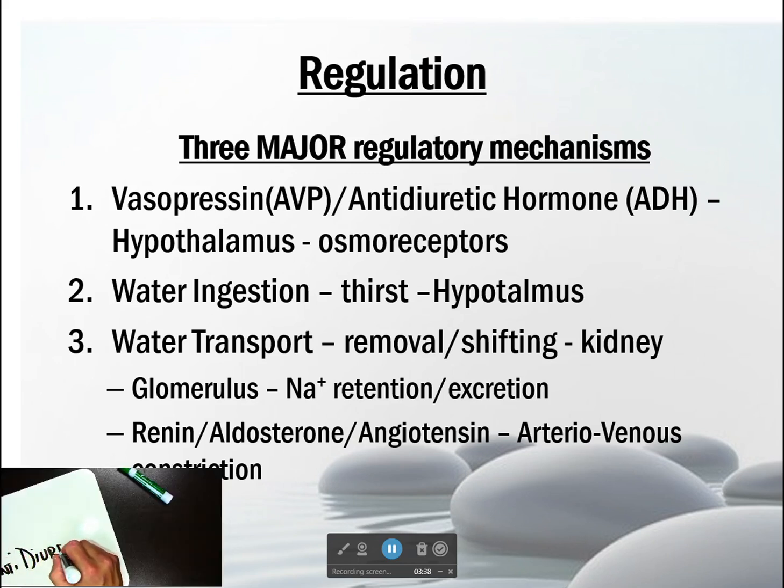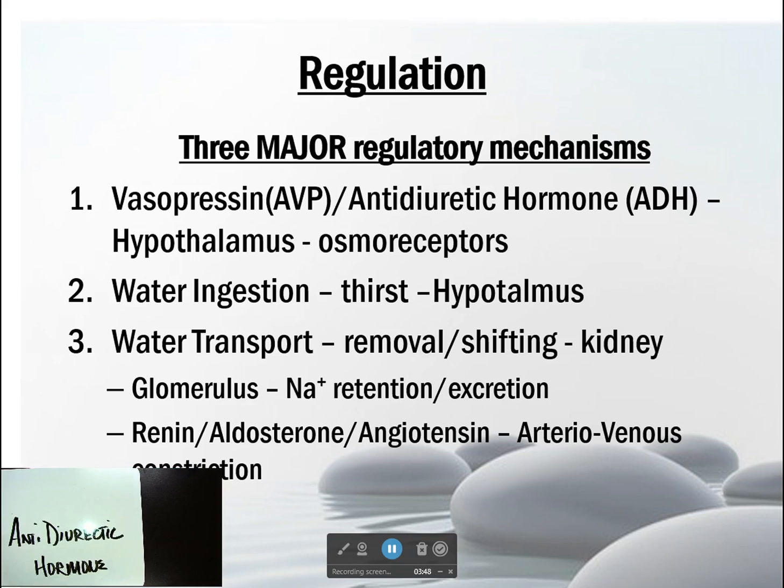So, a hormone is a chemical that the body produces to regulate things. All right, that part's pretty straightforward.